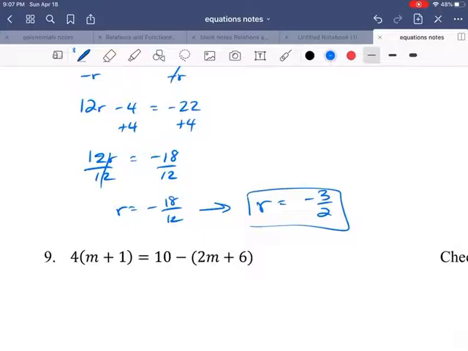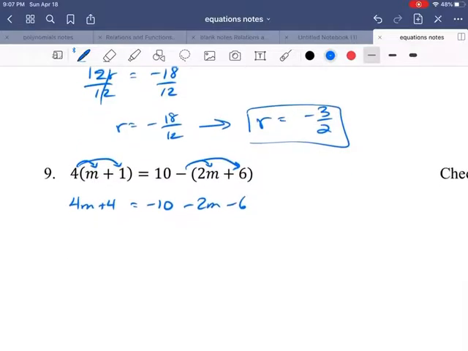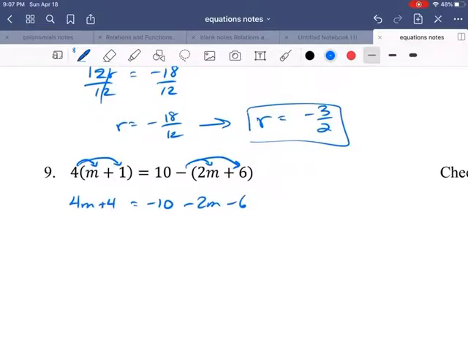Here we have the distributive property. So let's distribute: 4m plus 4 is equal to negative 10. If we distribute this negative, we end up with negative 2m minus 6. Now before we start adding or subtracting across the equal sign, we can collect like terms. So negative 10 and negative 6 are like terms.